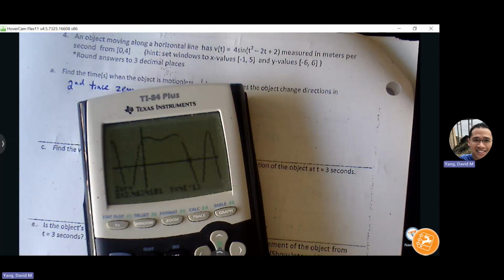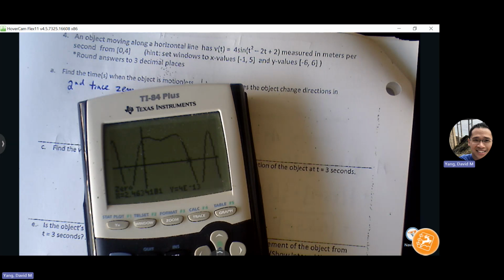So again, when you do second trace 0, you're going to scroll to this point, hit enter. So the calculator knows, okay, I'm going to start at this point, and then scroll to another point on the other side of the x-intercept, hit enter again. And now the calculator knows, okay, you want me to look for an x-intercept between the two boundaries that you just set for me, and it's going to go and look for that x-intercept for you. You're going to see the word guess question mark.